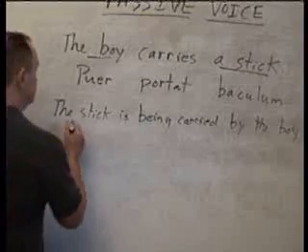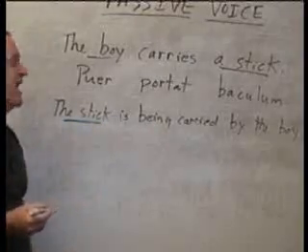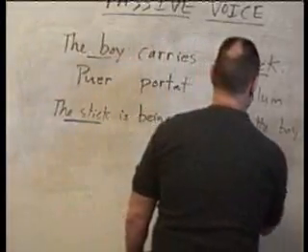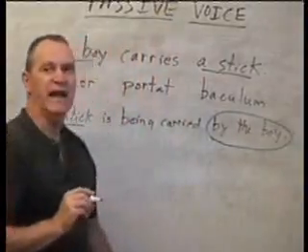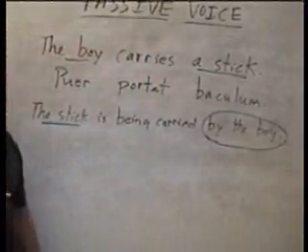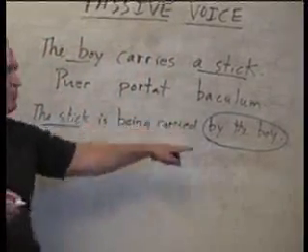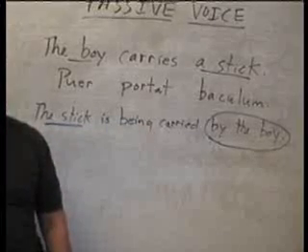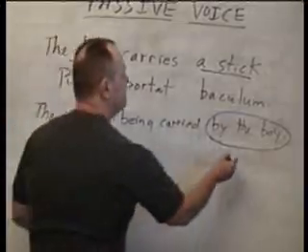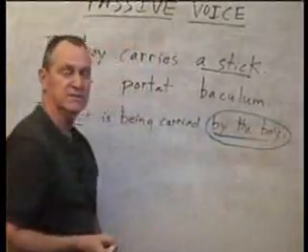You've got a subject. Notice there's no direct object. Instead of a direct object, you have here an ablative of agent. If it's a person, it's going to be agent, and you're going to have a preposition. If it's a thing, it's going to be instrument, and a preposition is not needed with a thing. But you will have this by the something in English.